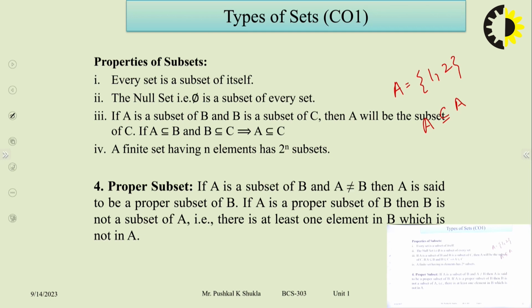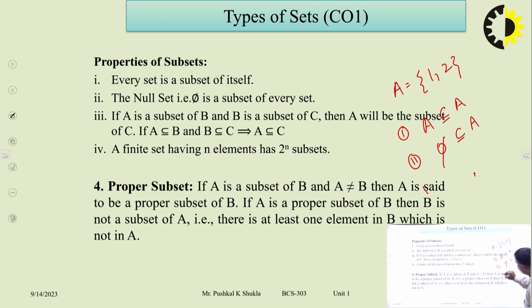Every set is a subset of itself, and the null set phi is a subset of every set. These are the two important theorems that are to be remembered. Every set is a subset of itself, and the null set is a subset of every set.